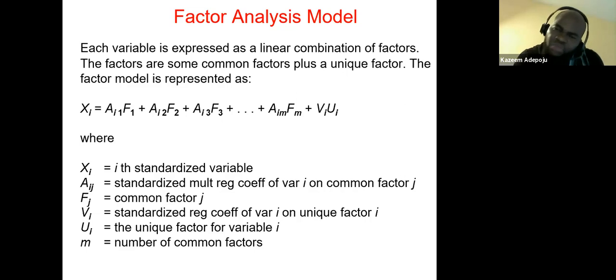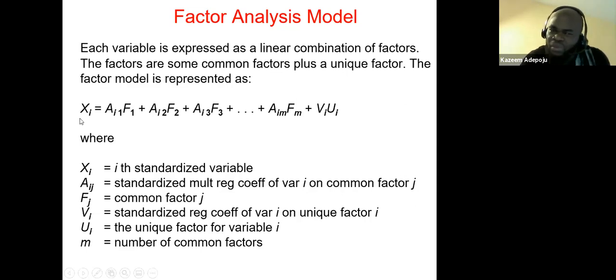So if we really want to identify factors that are attributed to a particular input variable, then I actually need to use a model, and that model will look like what I have right here.